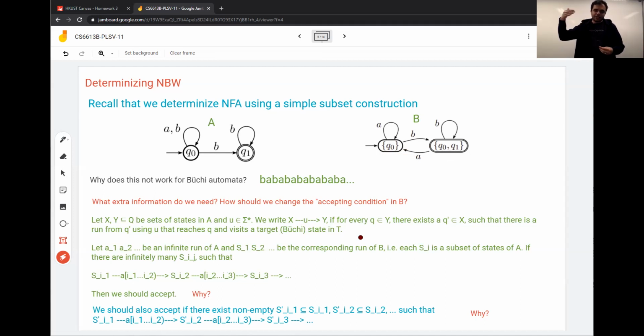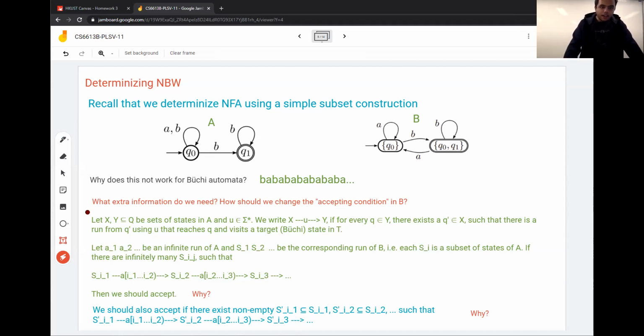You have to look at it from the point of view of Y. So for every state in Y, there is a way of getting here from somewhere in X, right? It's not the other way around. So there might be states in X such that you start there and you run U and you never reach Y. That's fine. What I really care about is that for every state in Y, there should be a state in X and a run using the word U that gets me to that state in Y. Okay?